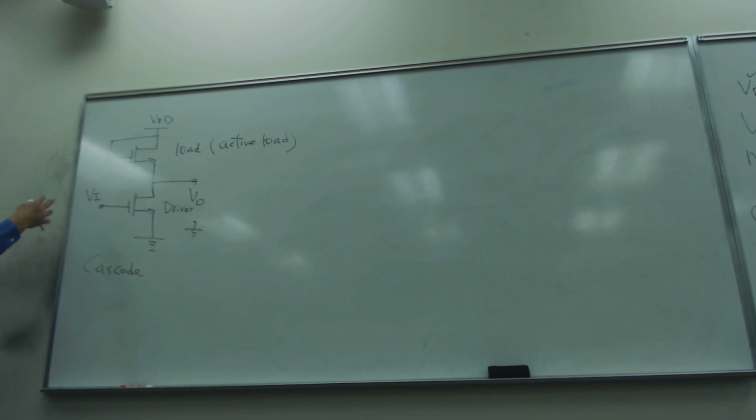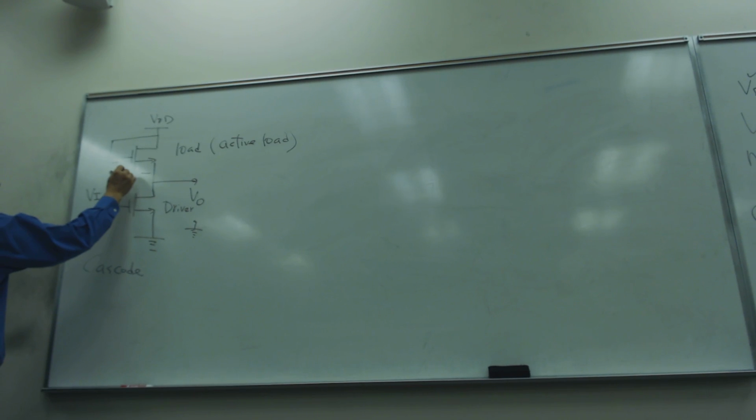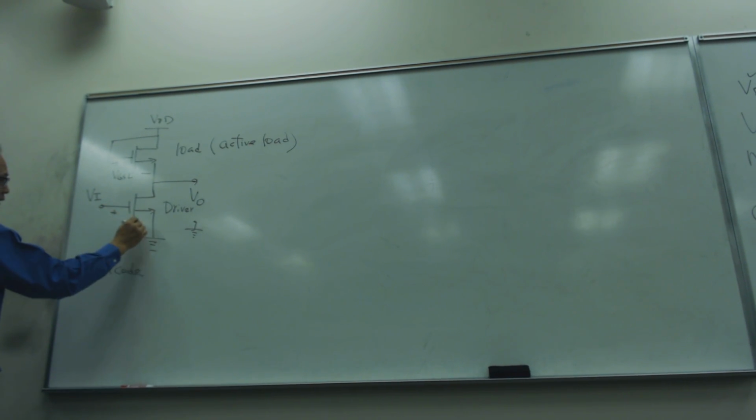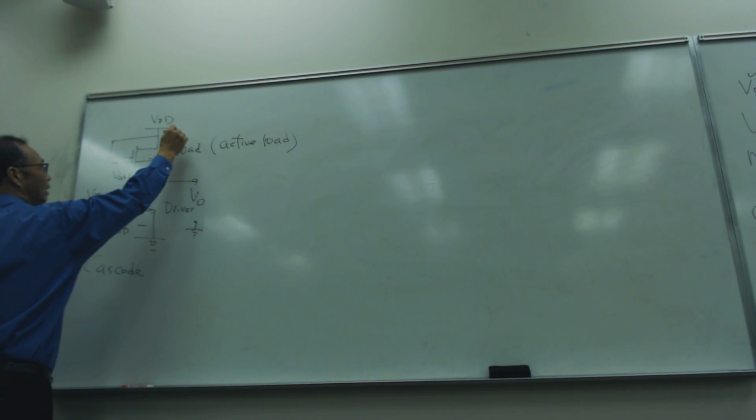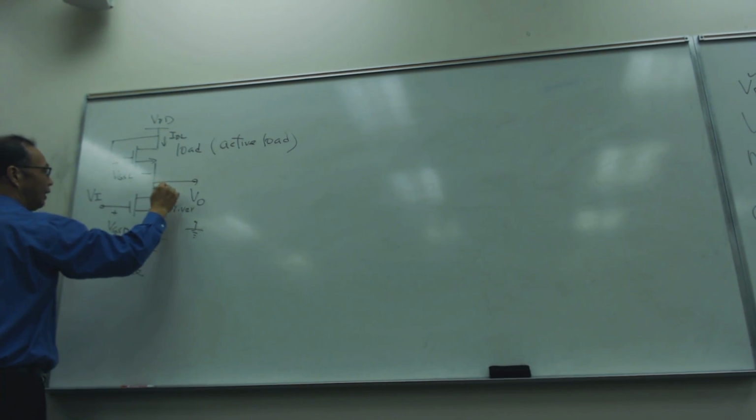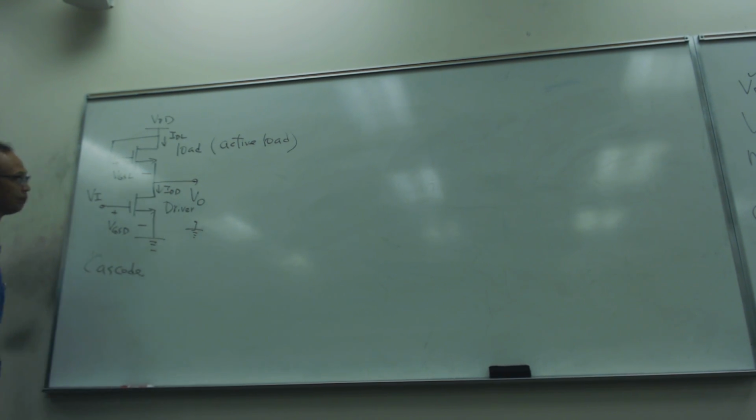Now we have to figure out what are the currents and what are the voltages, right? So this is the VGS load, this is the VGS driver, and this is the ID load, ID driver.